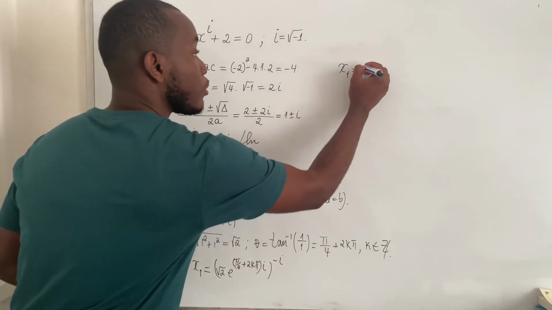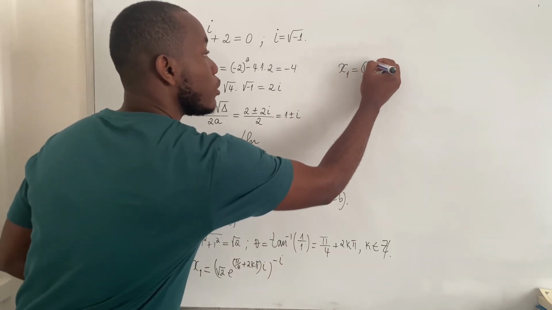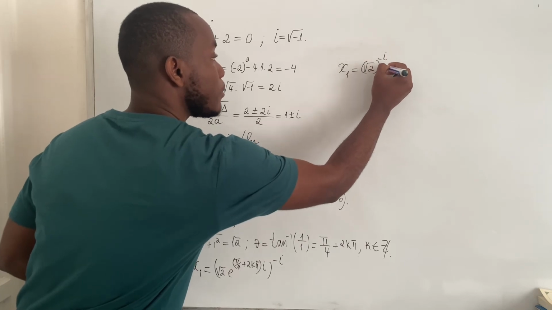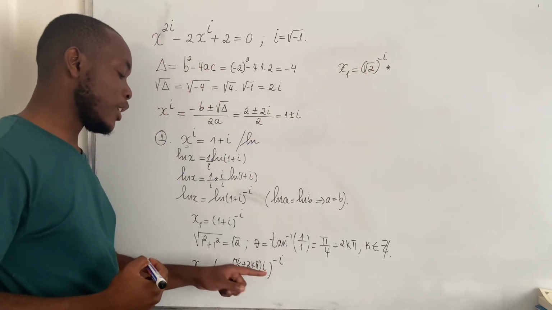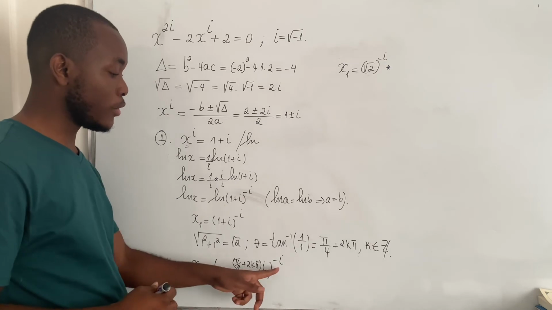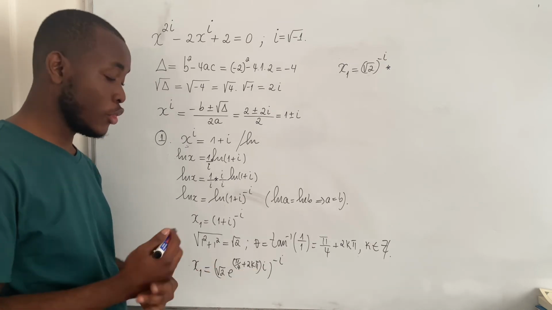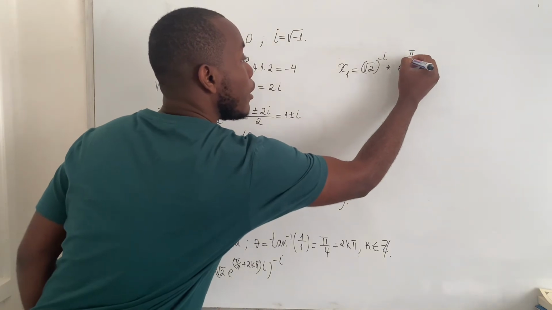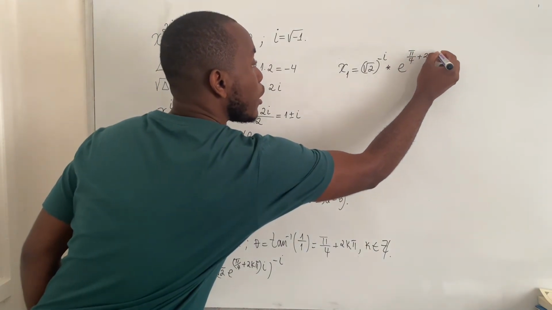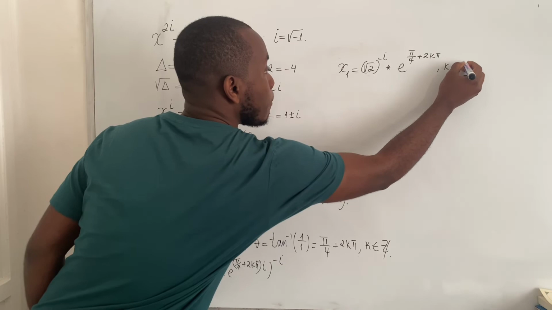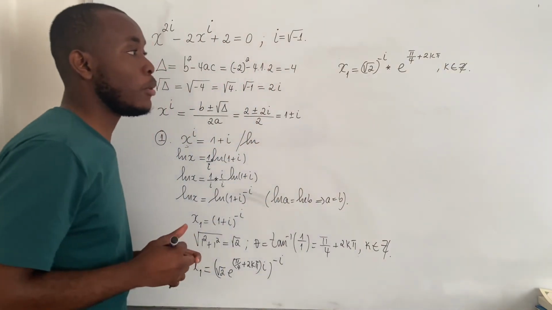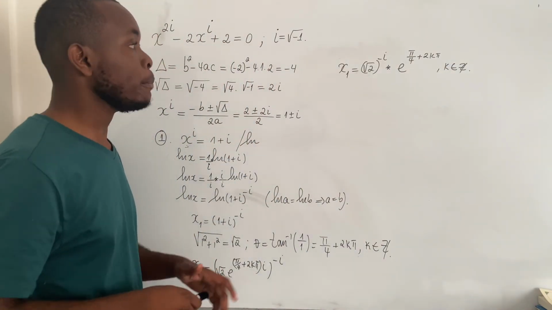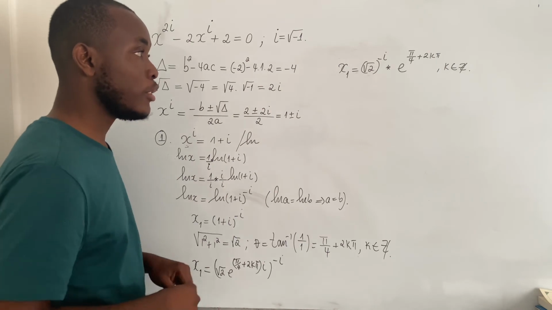So we're going to have square root of 2 to the power minus i times this i, which when multiplied by this i will be i squared. Because of the negative, it will be positive. So we're only going to be left with Euler to the power pi over 4 plus 2kp, where k represents the number of revolutions. So k belongs to the integer set.